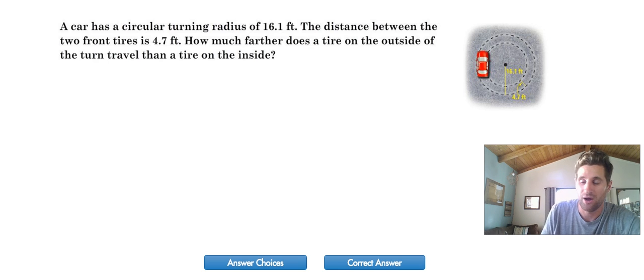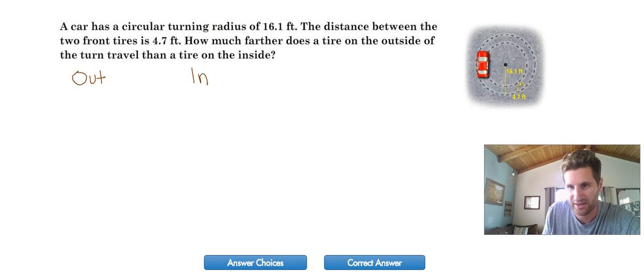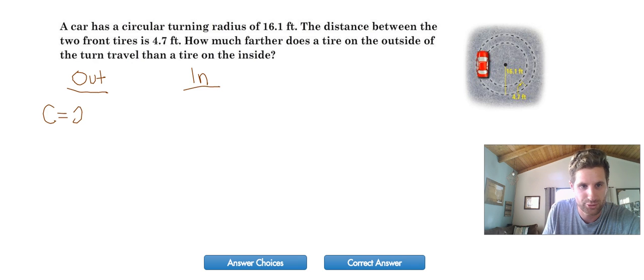So first of all, let's find two circumferences. We'll say the outside tire, and we'll go inside tire. Okay, so we got the outside and the inside tire. So to find the circumference, we're going to do C equals 2 pi r.